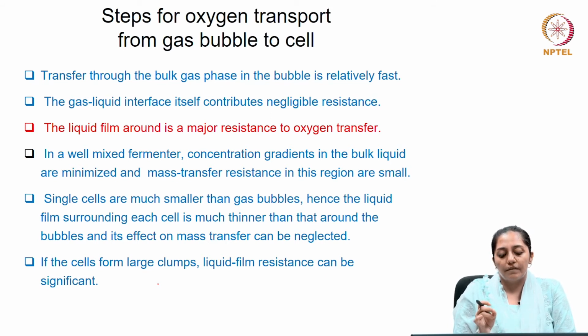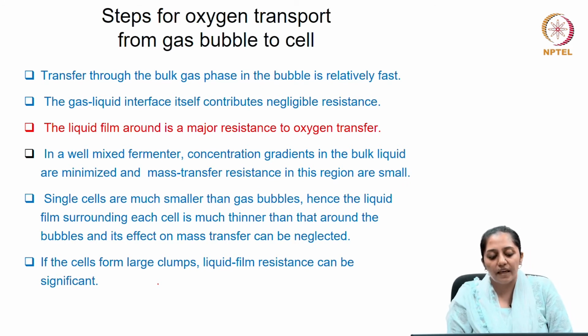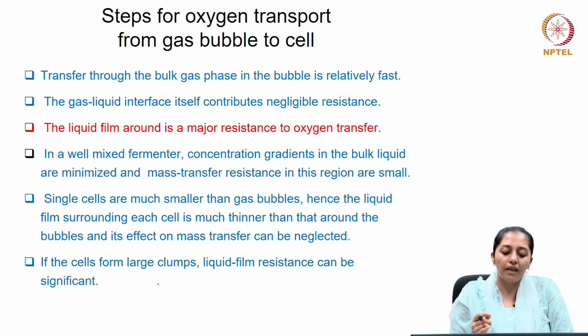Now, single cells are very small compared to the gas bubbles, and if we assume a homogeneous mixture with finely suspended cells in the bulk, then the liquid film surrounding each cell can be assumed to be much thinner than around the bubbles, and therefore its effect on the mass transfer can be neglected.